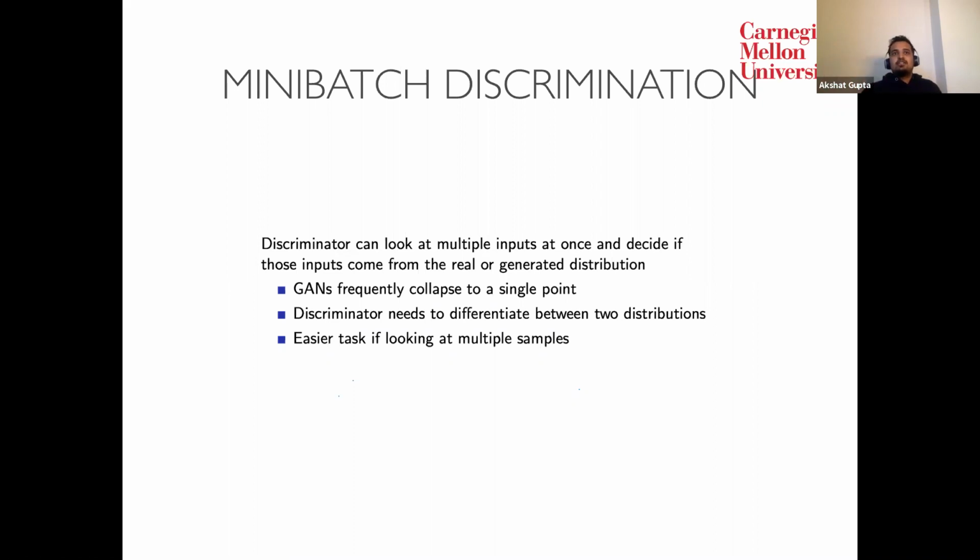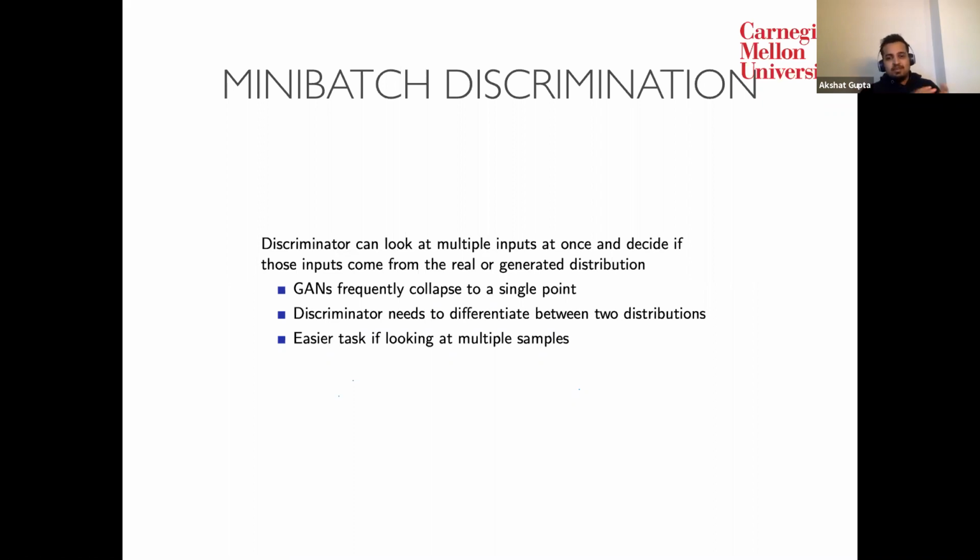So it has no reason to believe that the generator might only be generating all ones, because it is only looking at things one at a time. And that's what mini-batch discrimination does: in the mini-batch that you take of generated images, we put in some transformation, a tensor transformation is used, and the discriminator makes its decision by looking at all the images in the mini-batch and not just one image.